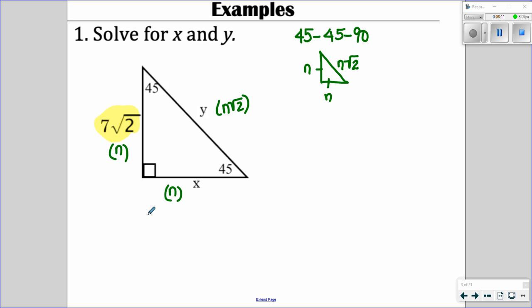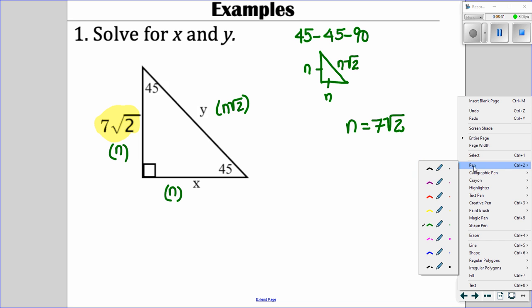Okay, now how do we start? Let's look for something that's already given, and we could start off with that. We notice that this side is 7 root 2, which is also equal to n for that side ratio. So I'm going to put n equals 7 root 2. And I'm going to use another color so I can start labeling.